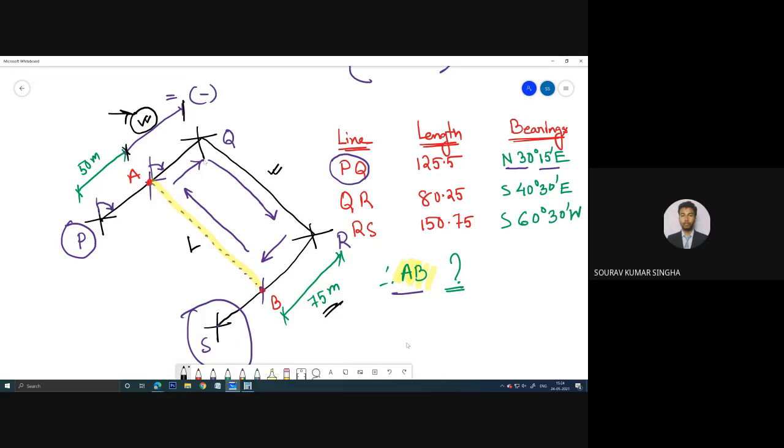First you tell me PQ, what is the total length of PQ? Sir, 125.5. Yes, exactly, 125.5.